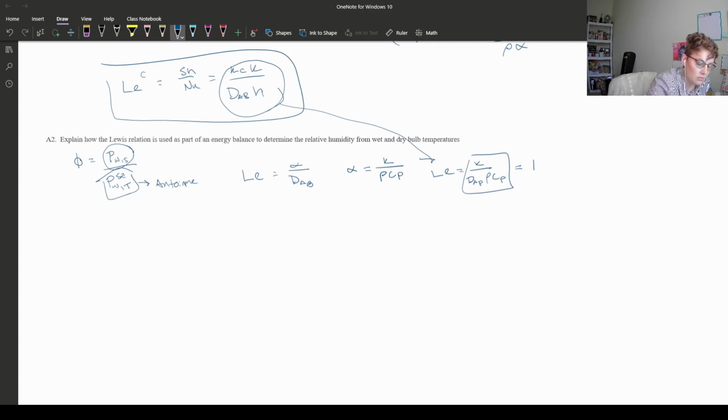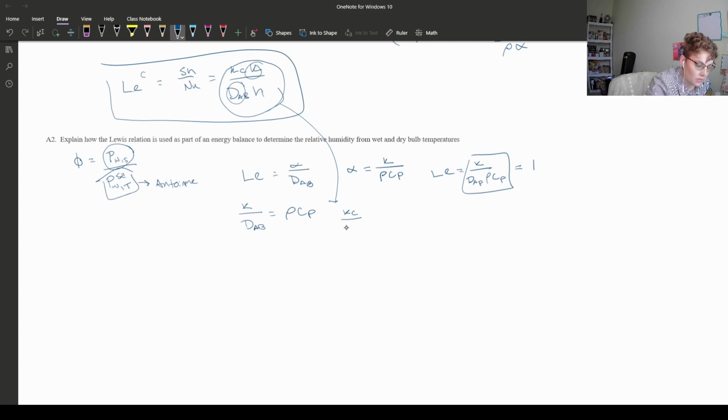So since we know that the Lewis number is equal to 1, we can set the conductivity over the mass diffusivity equal to the volumetric heat capacity, and then use that relationship in this equation up here to replace these two numbers.